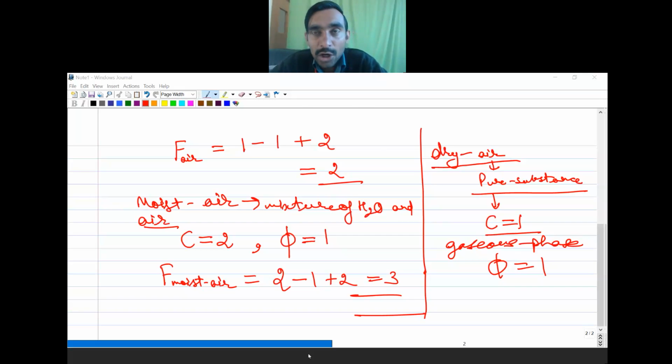Because whatever value of property we get, for example specific volume or internal energy of the mixture, that is not a homogeneous property everywhere within the mixture. Rather, it is a number representative of the state of the system, taken based on the weighted average. So that's why we require one additional parameter to specify the state.